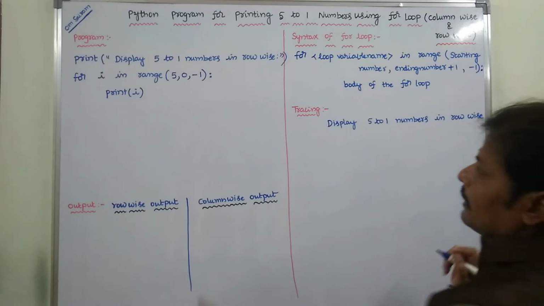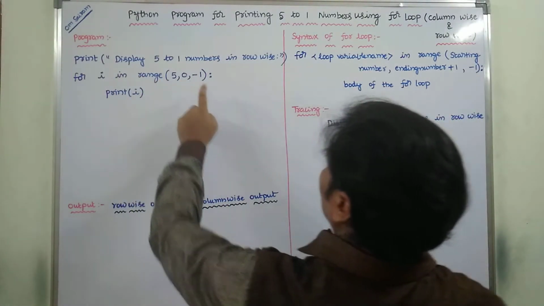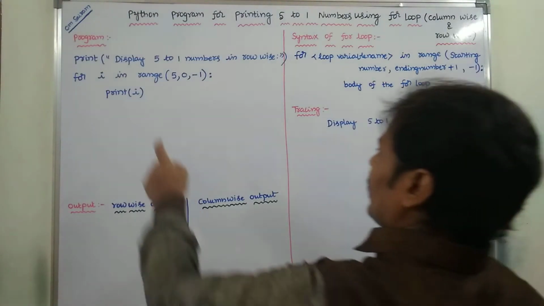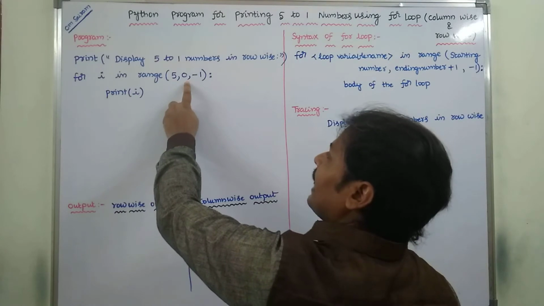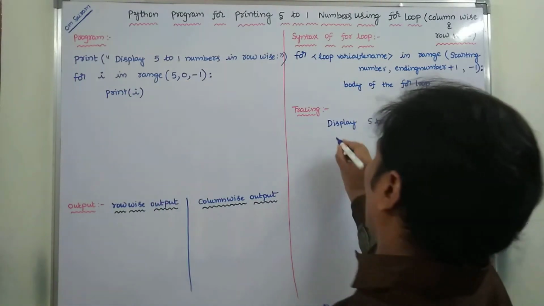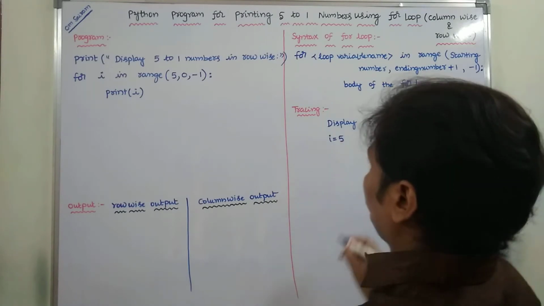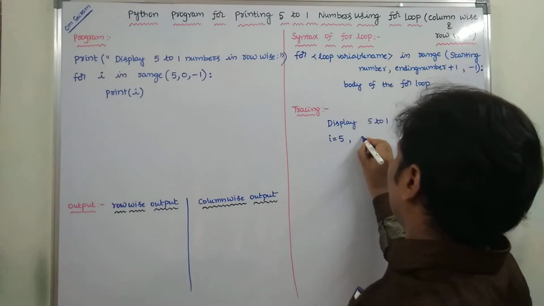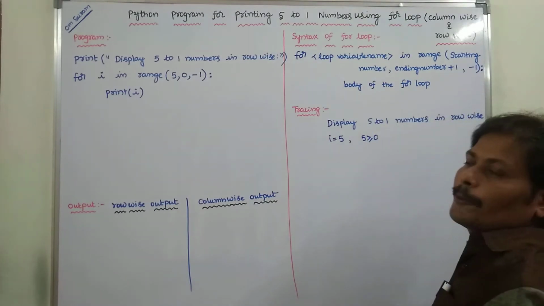After that, for I in range 5, 0, minus 1. So here I starts from 5 and ends with 0. Now first, I is equal to 5, and the condition is 5 greater than 0.